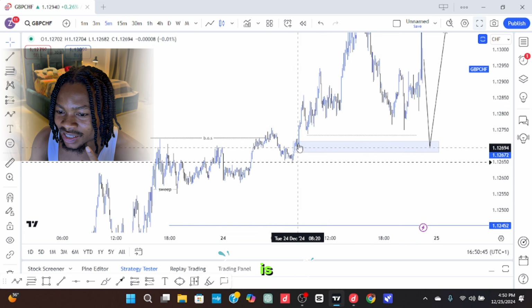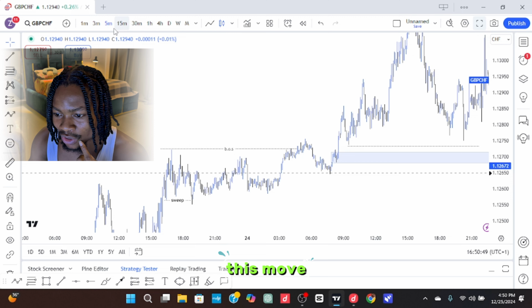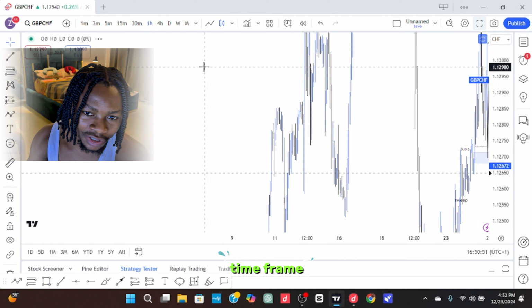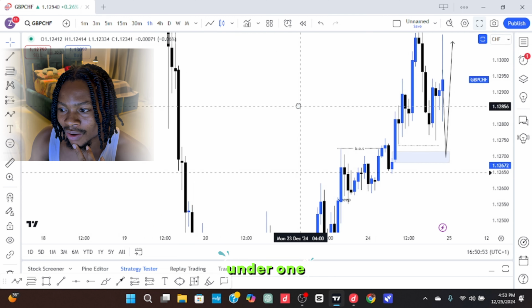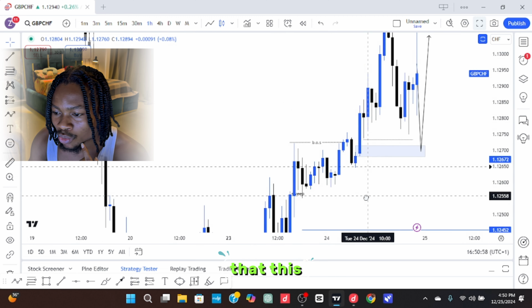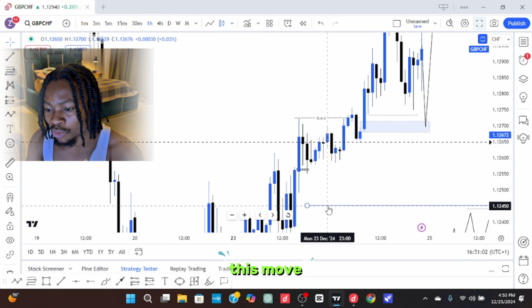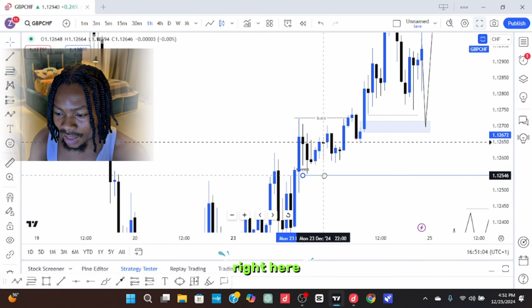But the question is, was it really this low that initiated this move? Looking from the bigger time frame, let's see on that 1 hour again. You can tell that this wasn't the main low. The main low that initiated this move is this low right here.